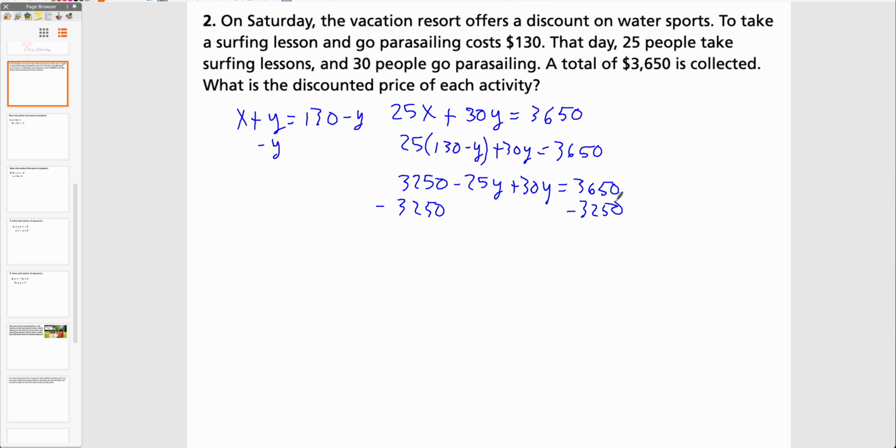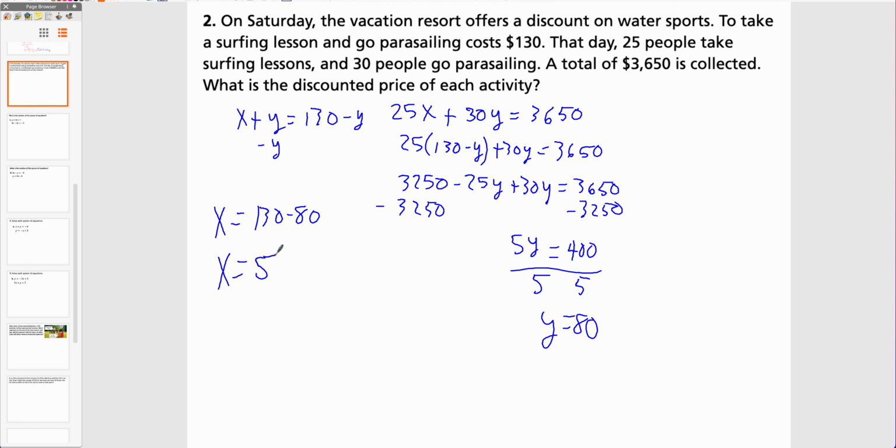Negative 25 plus 30 is 5Y, equals 400. Divide by 5, so Y is 80. So X equals 130 minus 80, so X equals 50. So the prices are 80 and 50.